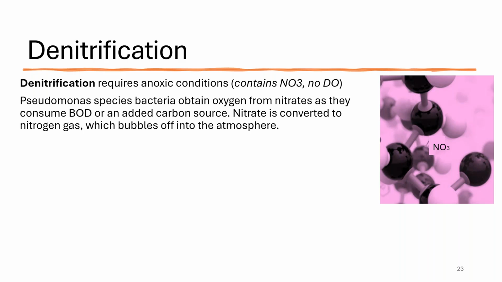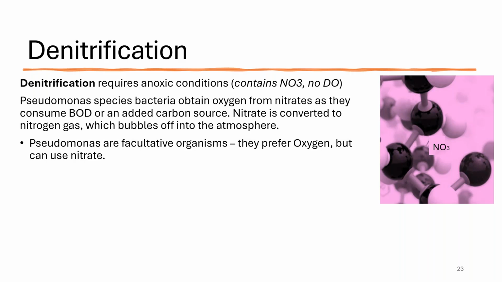They prefer to breathe oxygen, but they do have the ability to extract oxygen from nitrate. And they need a food source or some kind of carbon source. So as they're consuming something like BOD, they also need oxygen to process that food. And so they will strip oxygen from nitrate using special enzymes.